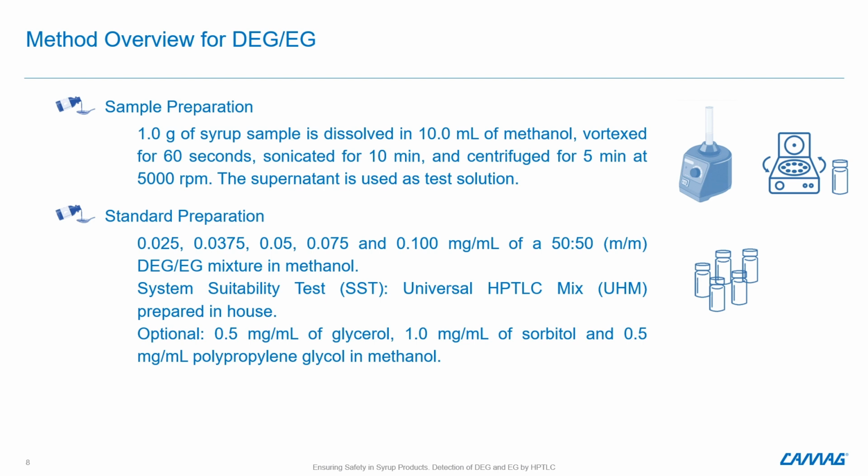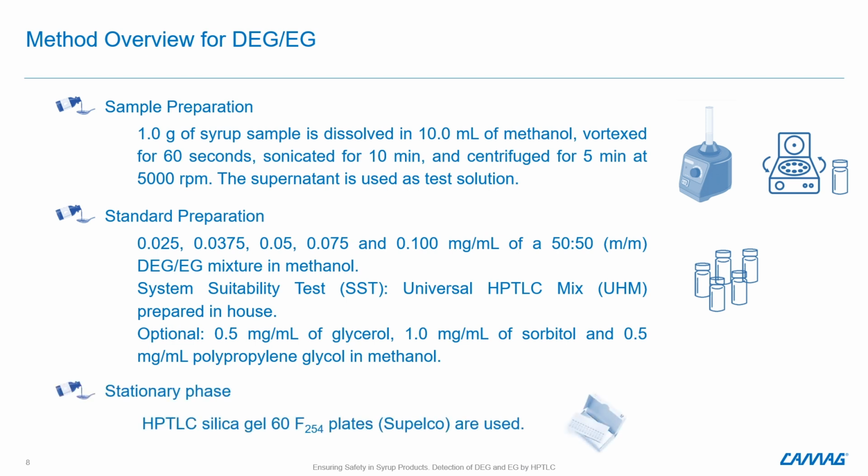Optionally, include glycerol and polypropylene glycol each at 0.5 mg per milliliter and sorbitol at 1 mg per milliliter, all prepared in methanol. And finally, for the chromatography, we use HPTLC plates, specifically silica gel 60 F254 from Supelco.